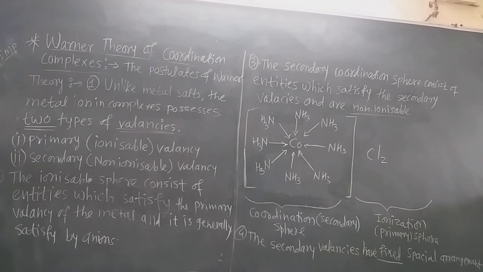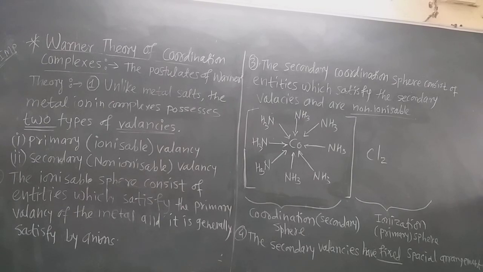The secondary coordination sphere consists of such entities or species which satisfy the secondary valency, that is non-ionizable valency. Now see, the secondary valency for the metal ion is fixed and satisfied by other anions and neutral ligands.